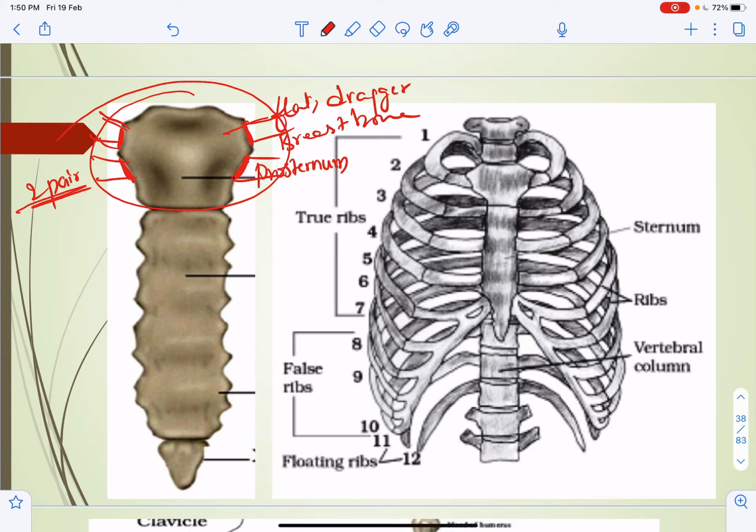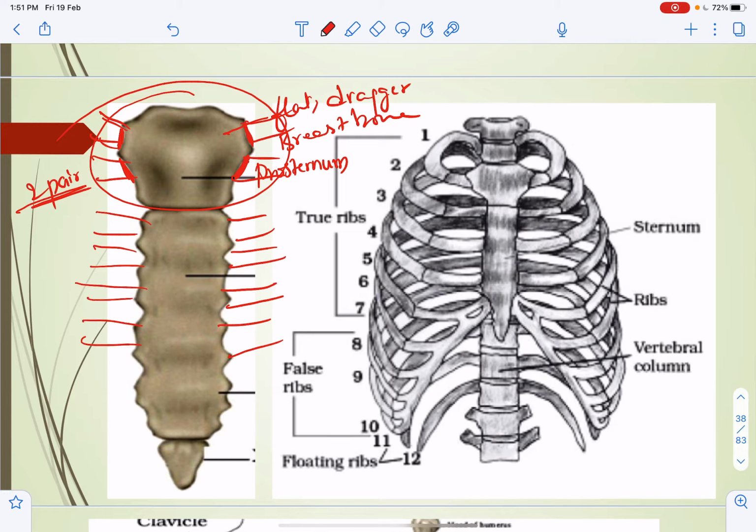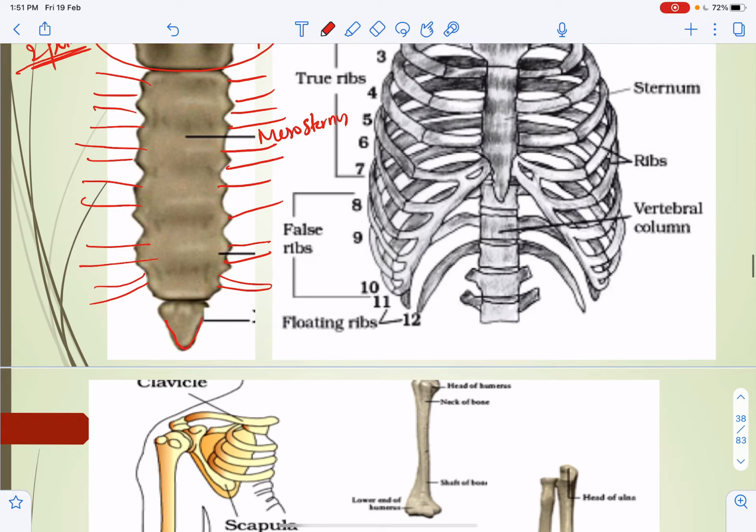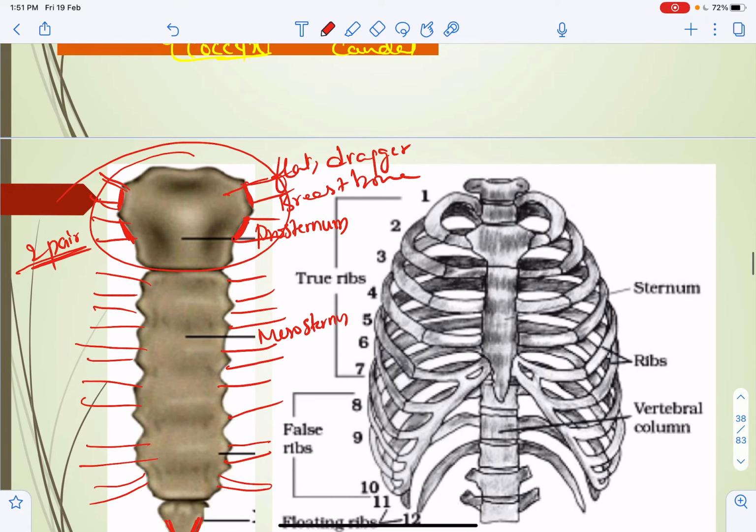And in total there are 7 pairs which are called true ribs, they generally articulate with the sternum. So this is the mesosternum, and this is called the xiphoid process. Total ribs are 12 pairs.